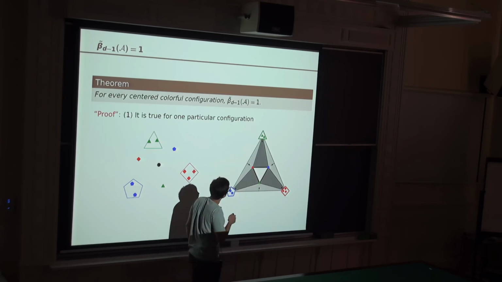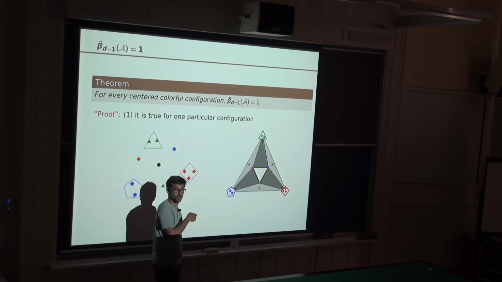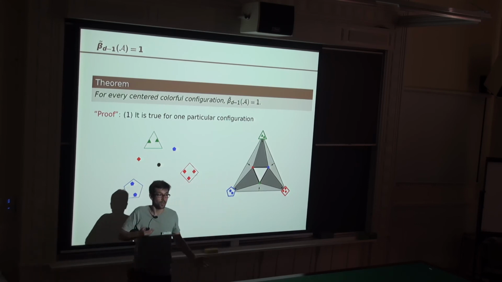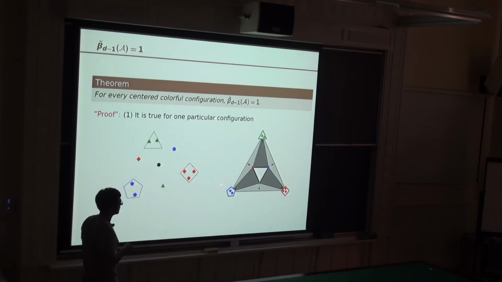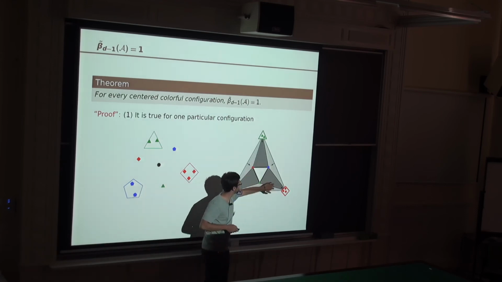So you first look at all the simplices that contain, let's say, two vertices from the same cluster. These you can just push onto these two edges, and the homotopy is the same, and then you do it for this one, and then for this one, and you are left with only these three triangles over here.